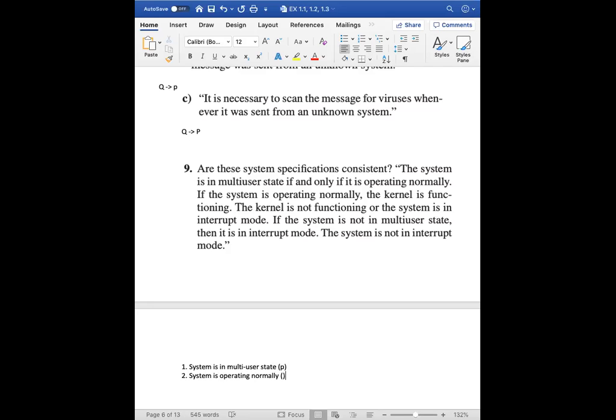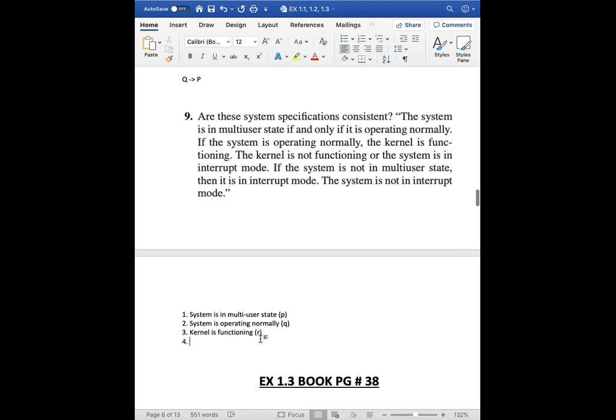I will represent this using the variable Q. Then another, "kernel is functioning," I will represent with R. This is your choice for the variables, but P, Q, R is the standard.